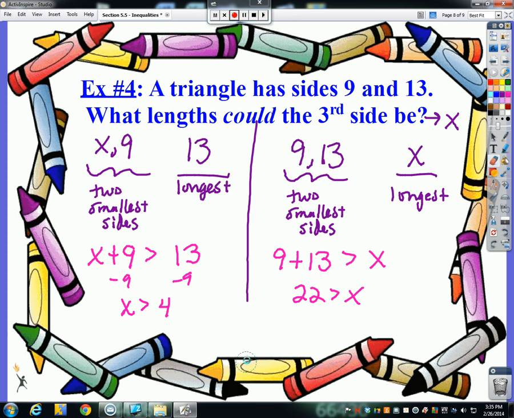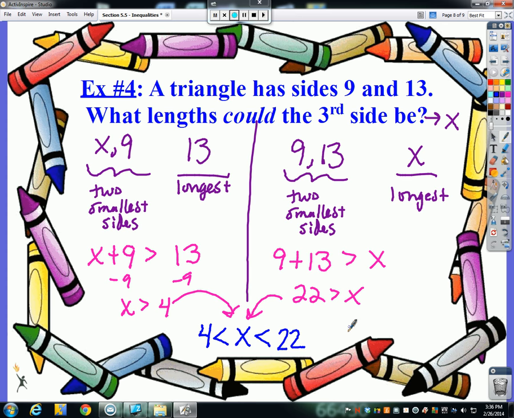So now we're going to combine these two inequalities into a single compound inequality. So we're going to say 4 is the smallest number, and x could be bigger than it, but it was restricted by and could not go over 22. So x, our unknown side, our third side, can be any value between, but not including, 4 and 22.